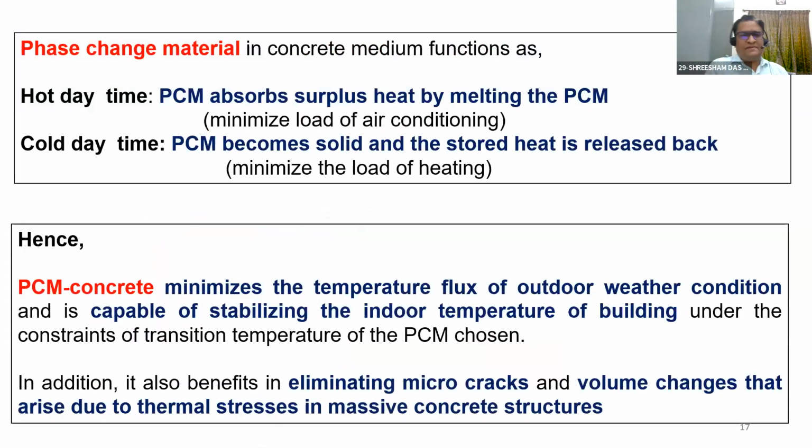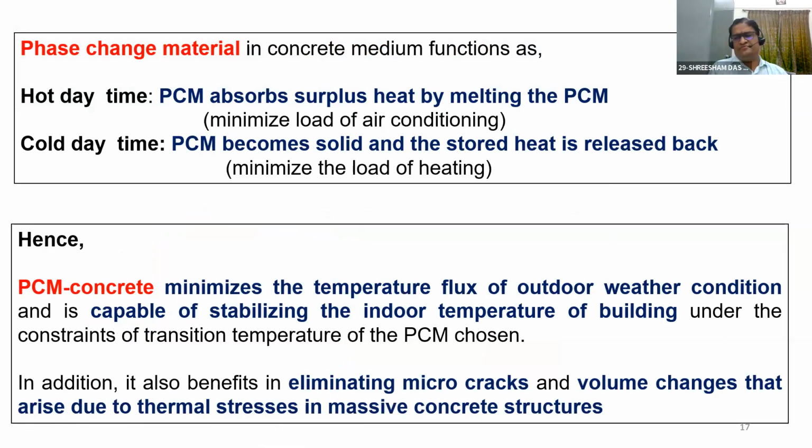What happens when you integrate the phase change material in concrete is that on a hot day, the PCM absorbs surplus heat by melting, and that is the way it minimizes the load of air conditioning.